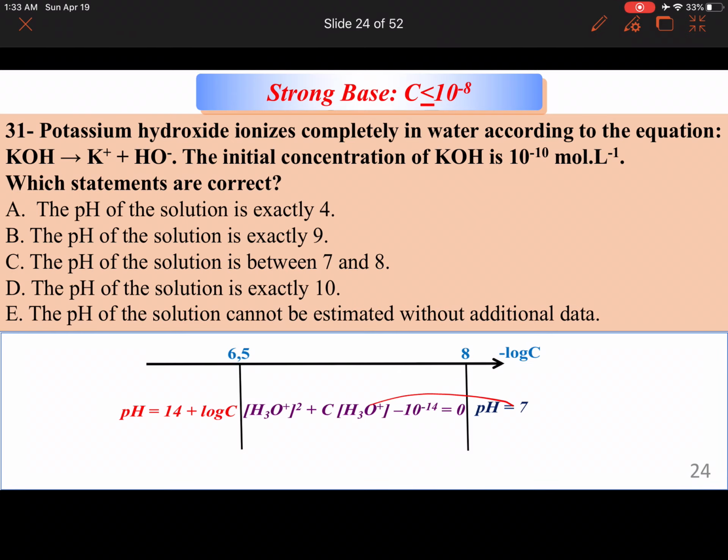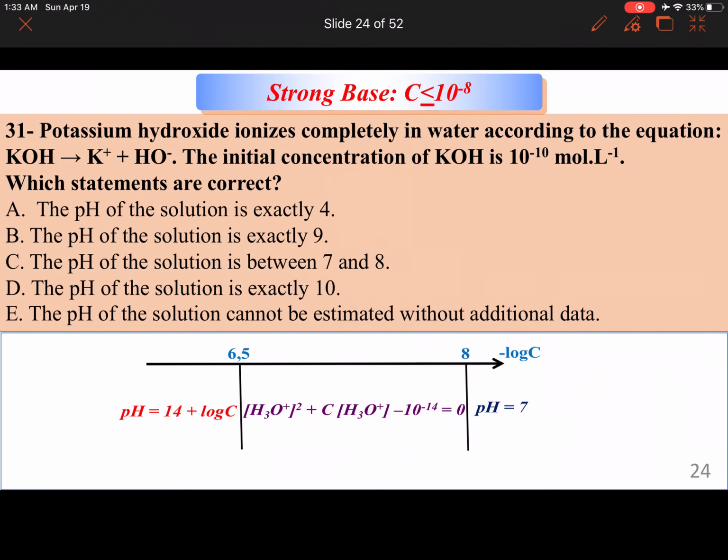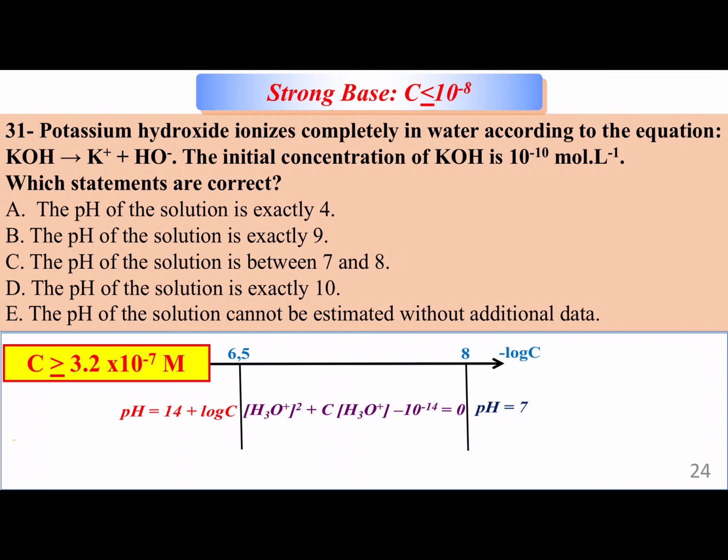So the first thing you said, okay, this concentration is clearly less than 3.2 times 10 to the minus 7. And if this concentration is less than this, then we have to actually start to consider autoionization of water. And this concentration is 10 to the minus 10. It's way beyond the limit of C less than 10 to the minus 8.